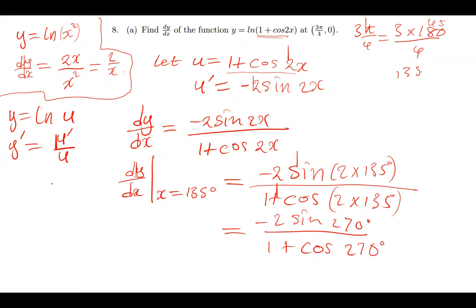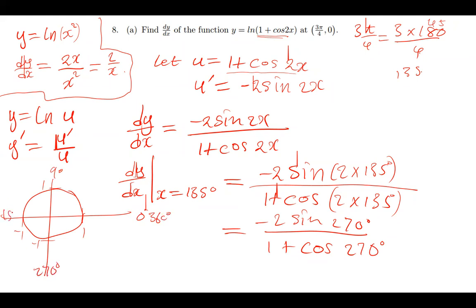We can use the unit circle to find this answer. So this is 1, this is -1, this is -1, that is 1. So we have 90 there, we have 0 degrees and 360 degrees here. Then we have 270 degrees there, we have 180 degrees there. So how do we use this unit circle?